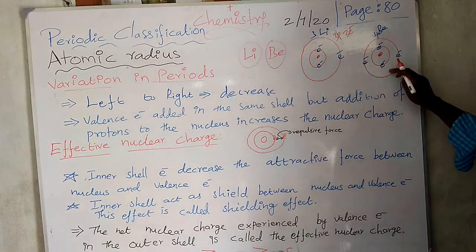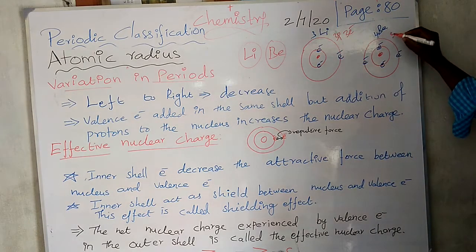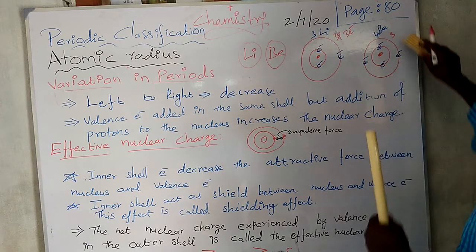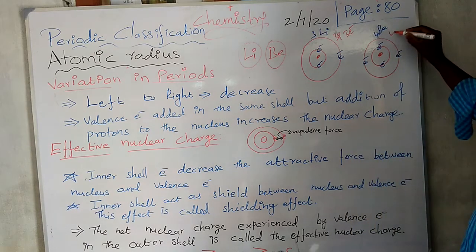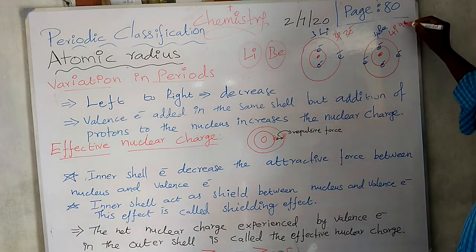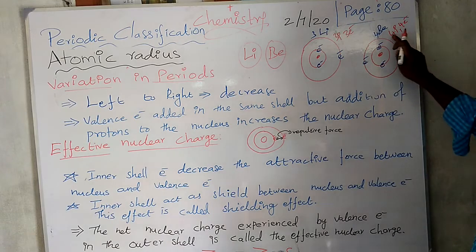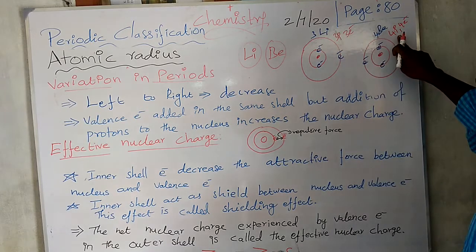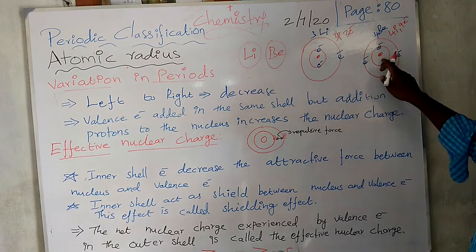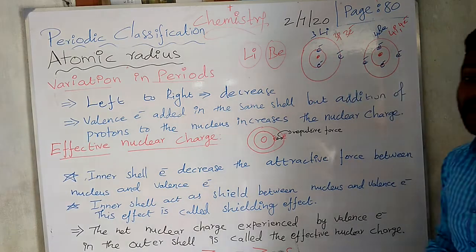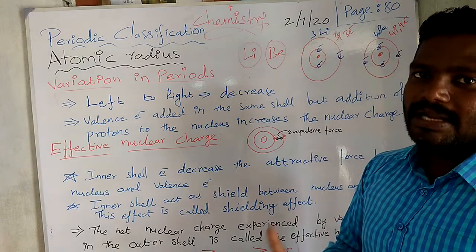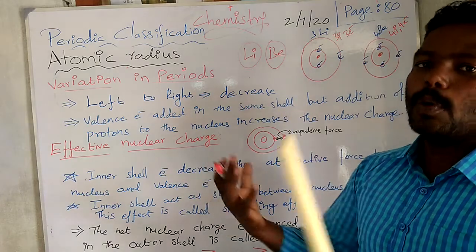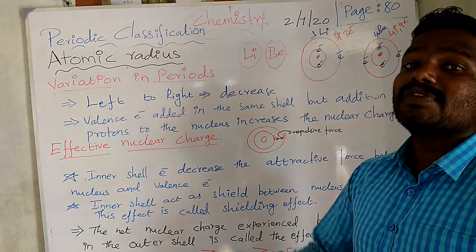What about beryllium, my dear students? 4 protons and 4 electrons. See, 3 protons, 4 protons. What happened in the nucleus? The positive charge increased. Because of this increase in protons, the nuclear charge will increase.